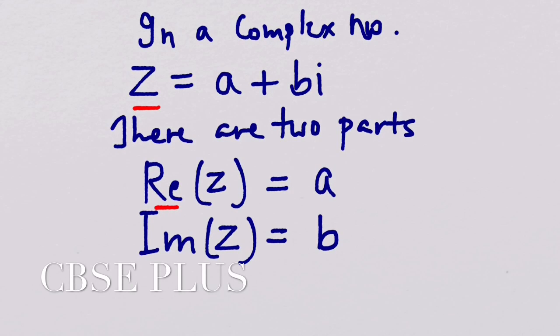So the real part of z, or the real part of a complex number, is a, without the imaginary unit. And the imaginary part of a complex number is b, which is with the imaginary unit. So the real part of z is a and the imaginary part of z is b.